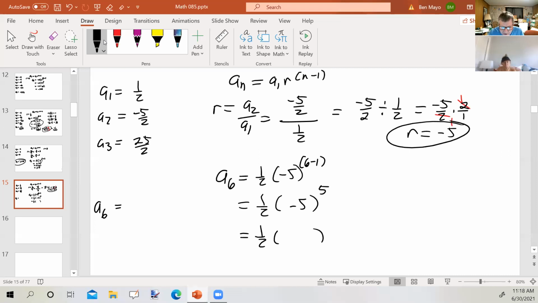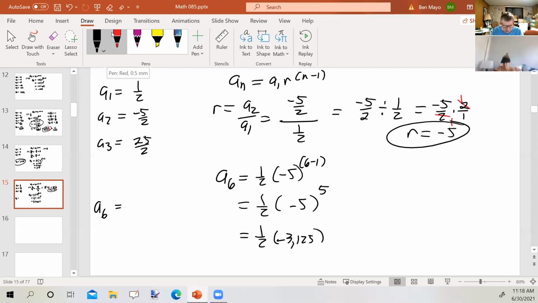The base here is -5. So in my calculator I'm going to put a left-hand parenthesis, then -5 inside, close the right-hand parenthesis, raised to the 5th power. When I do that, I get -3,125.